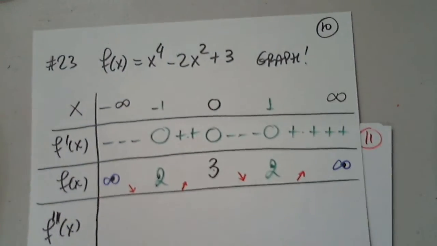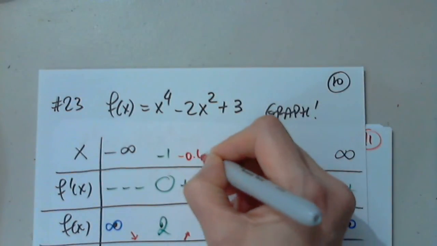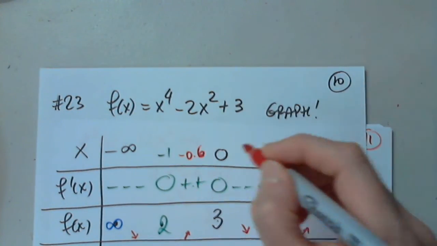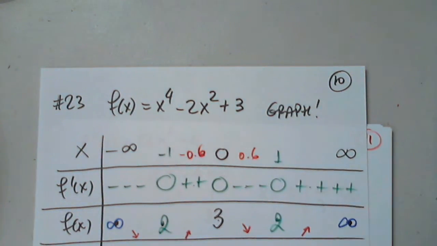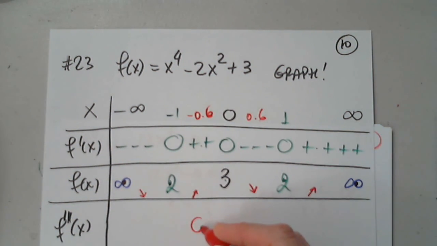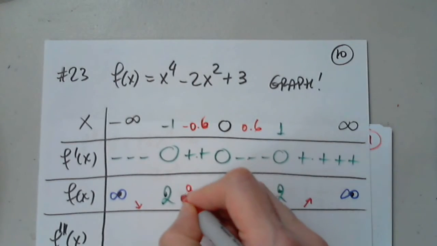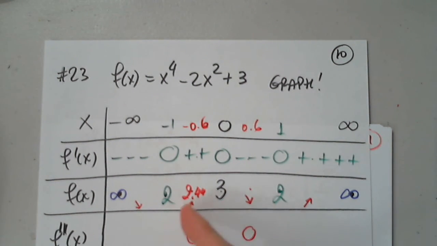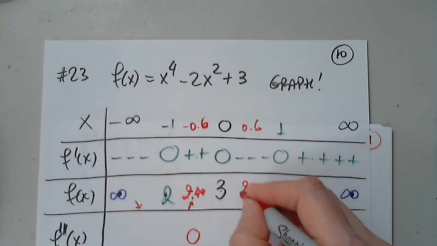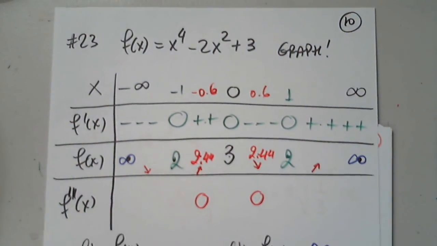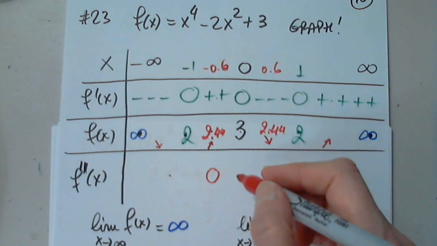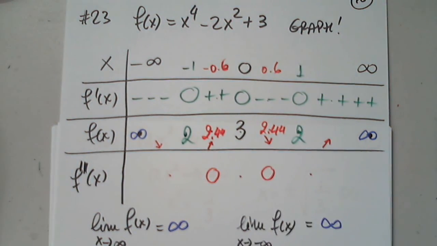So back to the table, negative 0.6 and positive 0.6, 0 and 0, and I need to find this value here, which we just did. It was 2.44, so it has to be a number between these two. So 2.44.